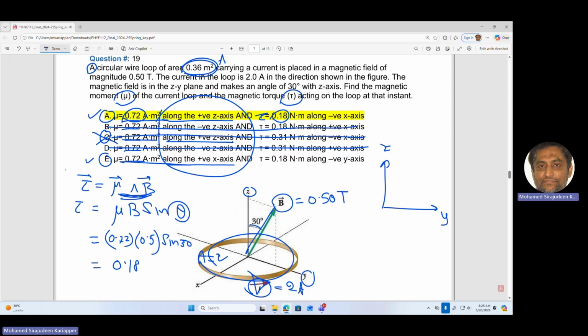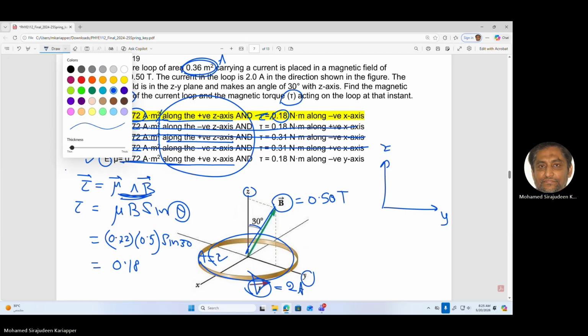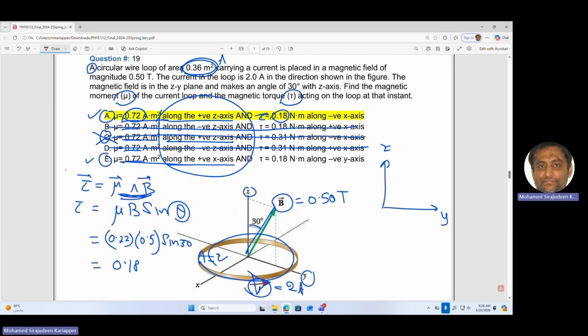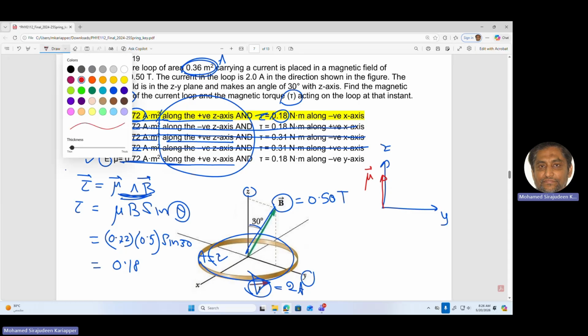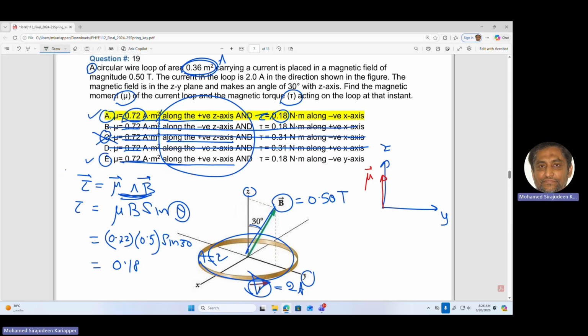Right. Now your mu is like this. And your B is making an angle of 30 degrees with mu, also in the ZY plane.